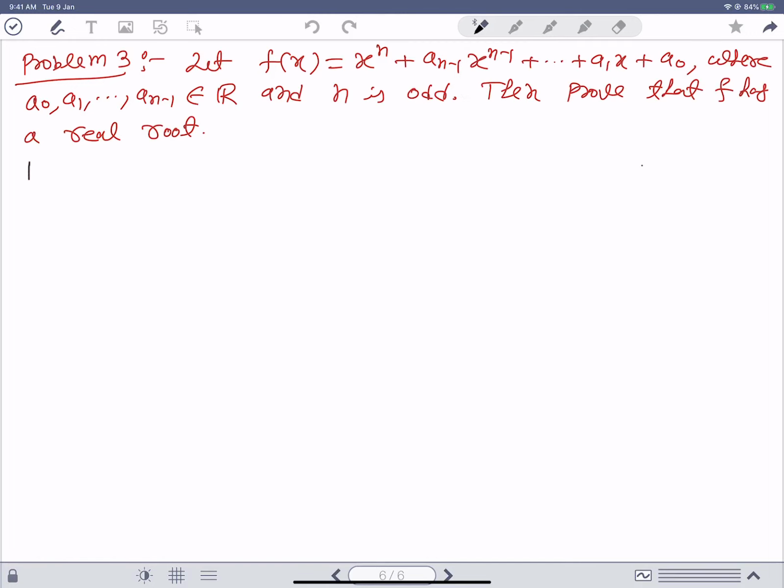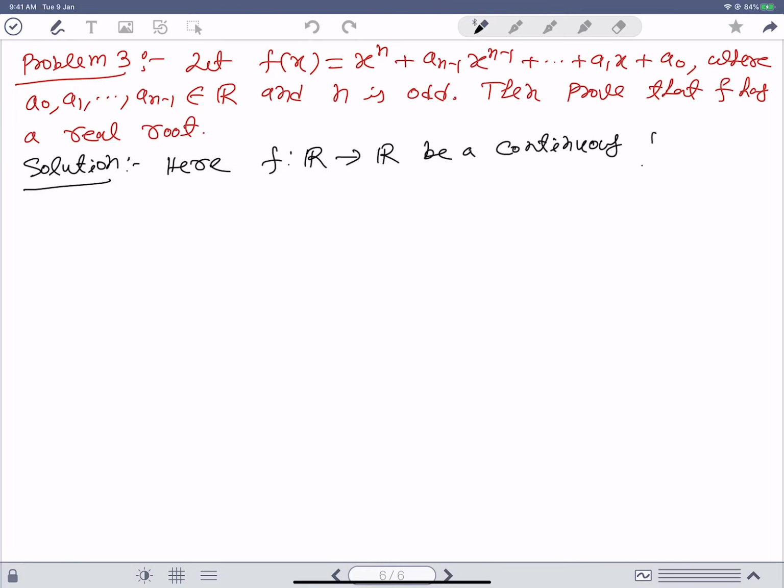So first of all, here f: R to R is a continuous function. Right? Because f is a polynomial function, so it is a continuous one, right?